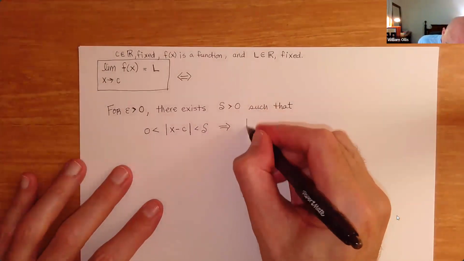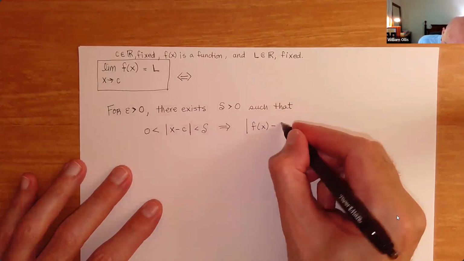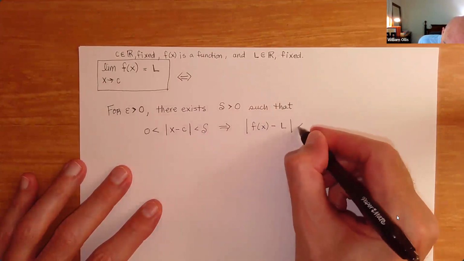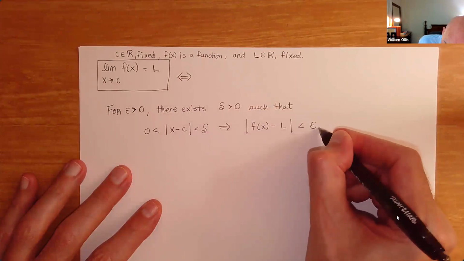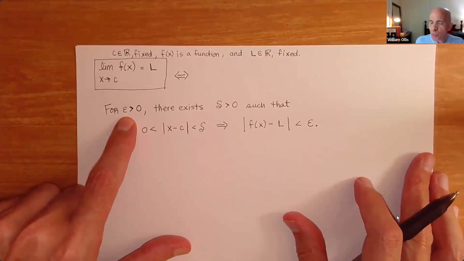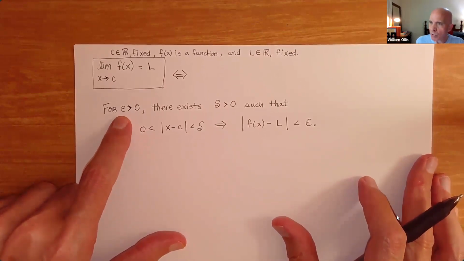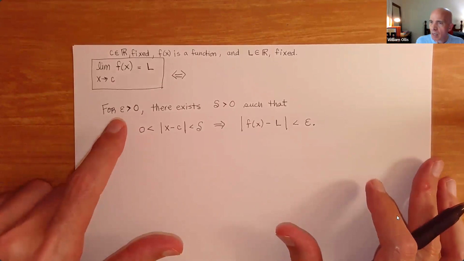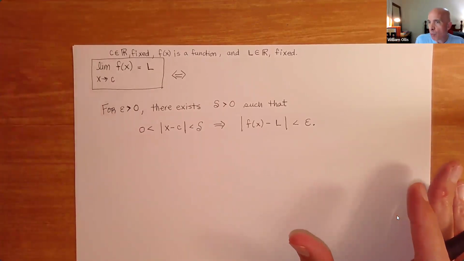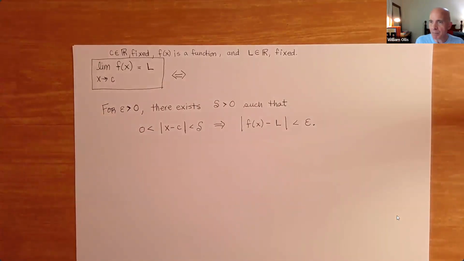So that will mean the absolute value of f of x minus L will be less than epsilon. So if you think about this, we probably wouldn't be too interested in situations where the epsilon would be too large. When we say for epsilon positive, we don't necessarily think of epsilon being that big.